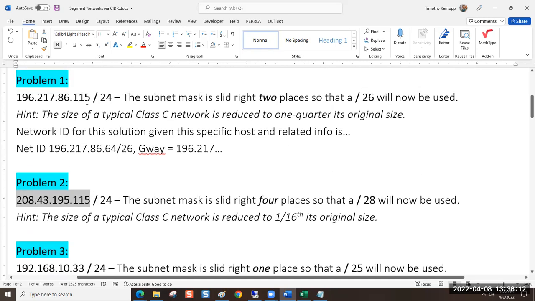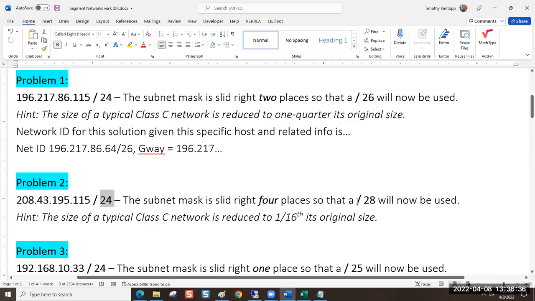Now I'm doing the same kind of thing. I have the same host address and I have the same subnet mask to start with. But this time, instead of sliding the subnet mask 2 places to the right, I'm sliding them 4 places to the right. I am adding 4 ones to the 24 ones that exist in the current subnet mask.